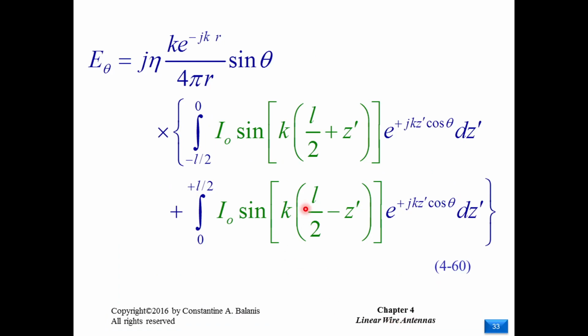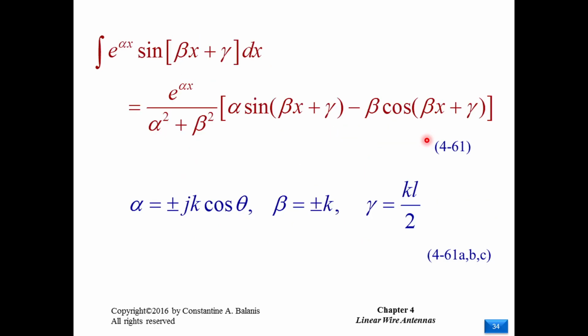As I said, the integration needs to be divided into two parts, for the lower arm and for the upper arm, and we need to do those two integrations. The integration is related to this Bayer identity, where alpha equal jk cosine theta and beta equal plus or minus k, the plus or minus depending on the lower arm or upper arm.